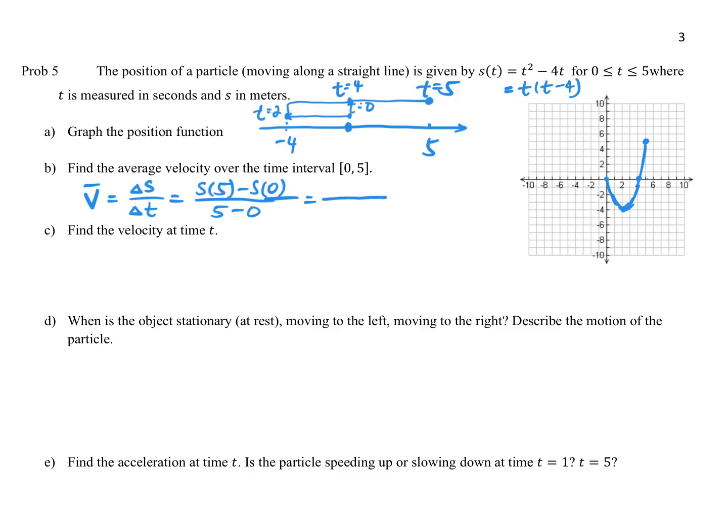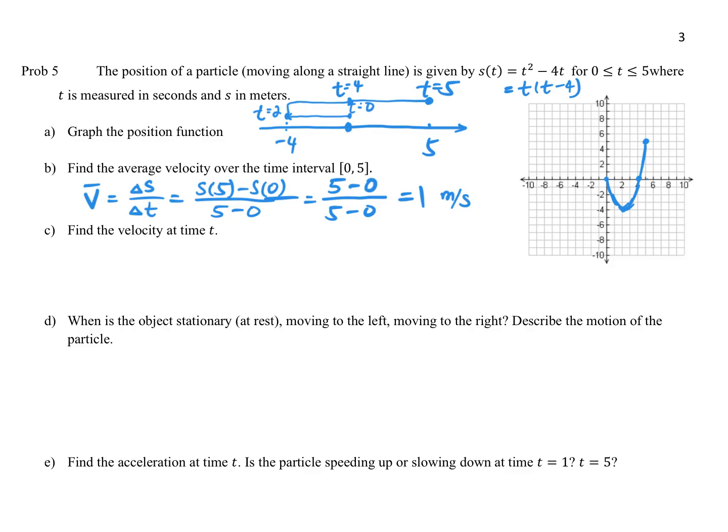S of 5 is 5, we just plug the 5 in. S of 0 is equal to 0. So this is equal to 1 meter per second on average. The average velocity on this interval 0 to 5 is 1 meter per second.